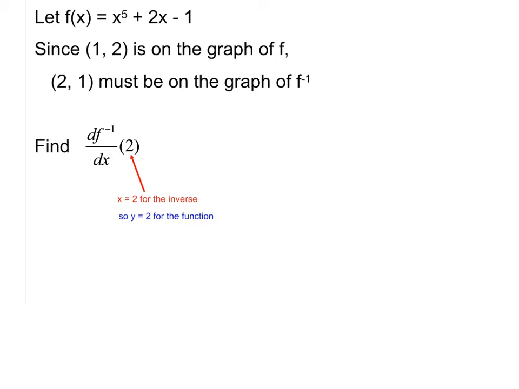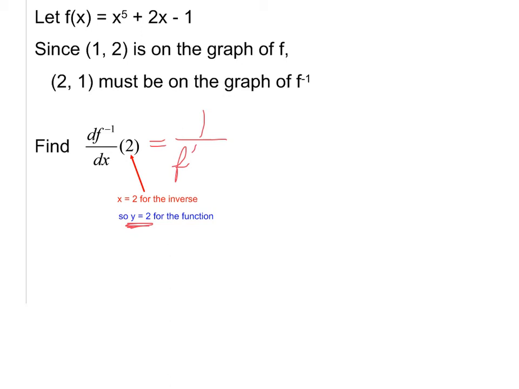So let's say we want to find the derivative of the inverse when x is 2. Well, instead of worrying about actually calculating the inverse, we can deal with the function. I know this is going to be 1 over the derivative of f, but I have to pay attention now. The 2 I'm plugging in on the derivative of the inverse is an x on the inverse, which means that this is the y value when I'm dealing with the slope of the original function.